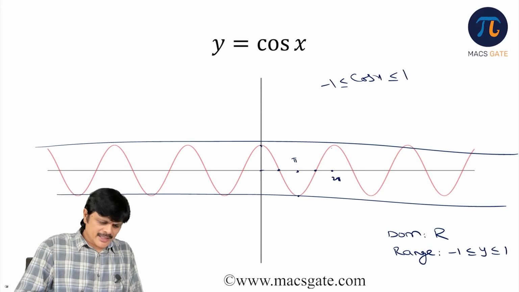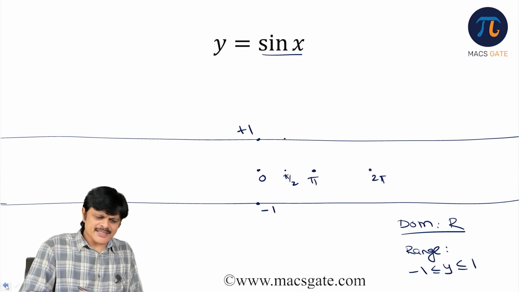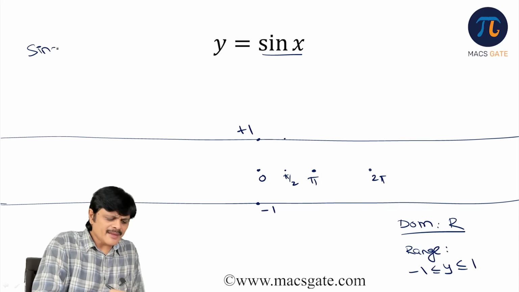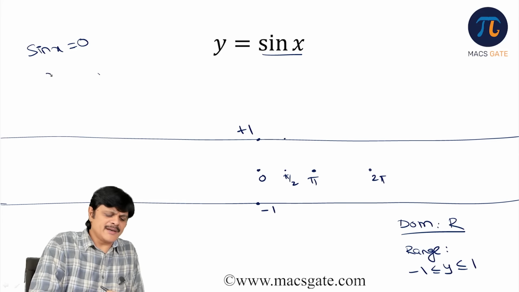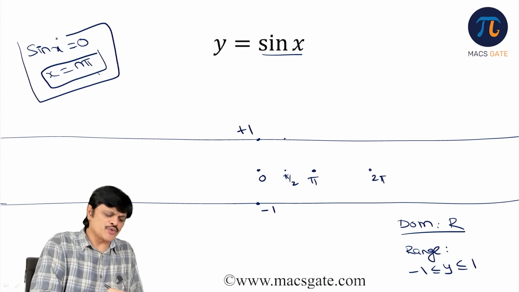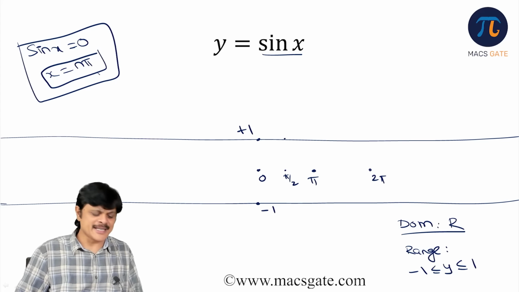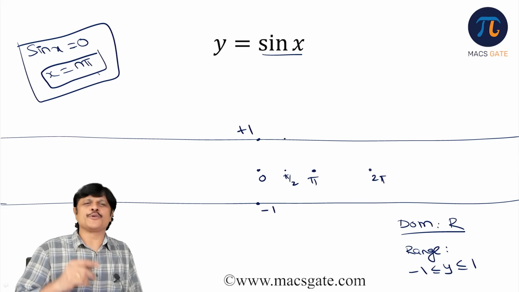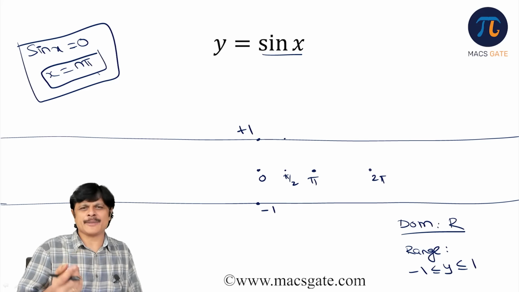Okay, let me just put sin x and cos x. Sin x is 0 when x equals n pi. The zeros of sin and cos are also very interesting. So let us put those values. Sin x is 0 when x equals n pi. That is 0, pi, 2 pi, minus 2 pi, 3 pi, like that.